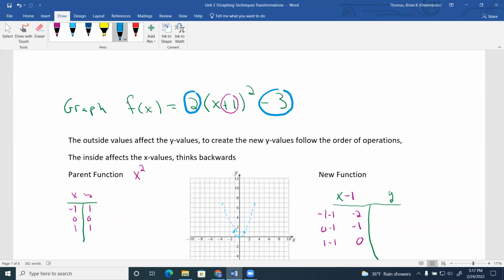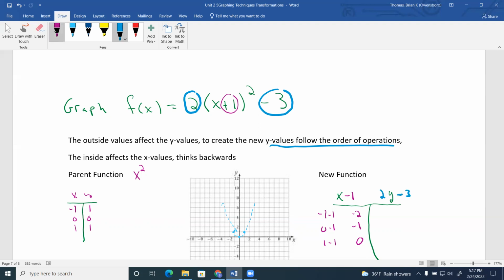So there's two things happening to the y's. We're stretching them and shifting them. And remember, the y's are going to follow what we call the order of operations. So what I got to do then to the y's is I actually got to multiply the y's by 2 and then subtract a 3 to create the y values.